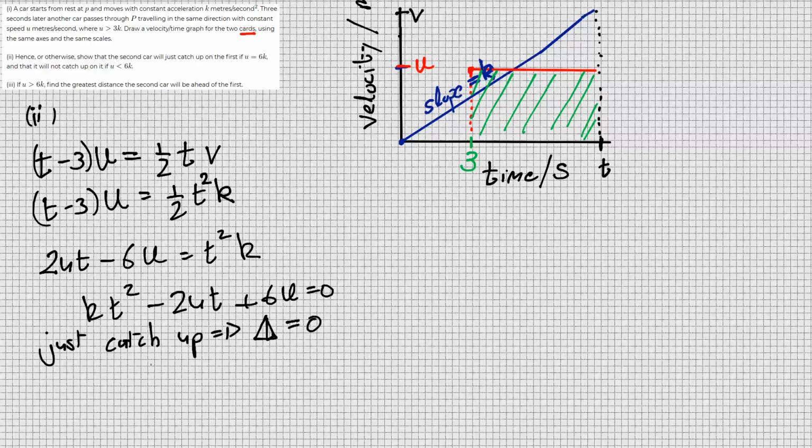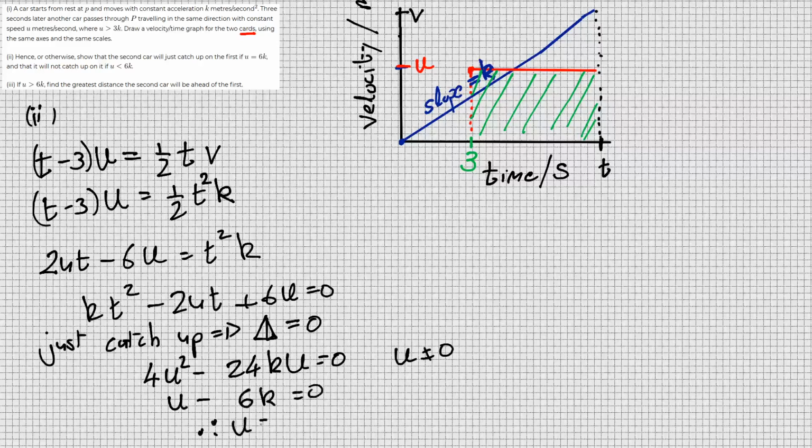So that means that b squared minus 4ac should equal 0. u is not 0, so I can divide by 4u actually. So that just leaves me with u minus 6k equals 0, so therefore u equals 6k as required.